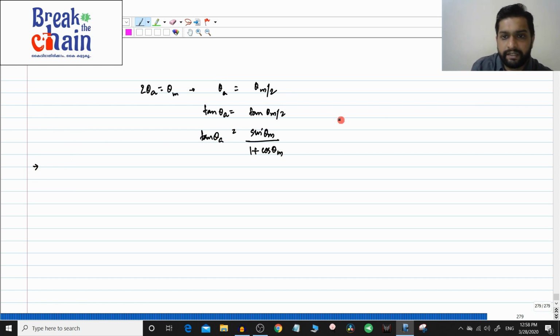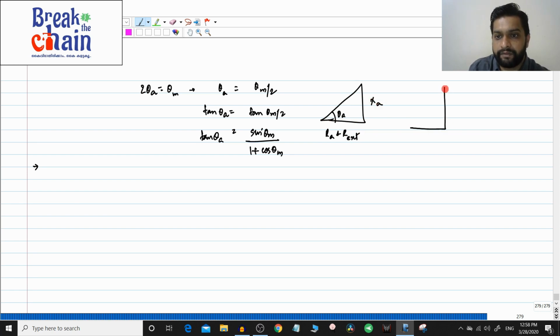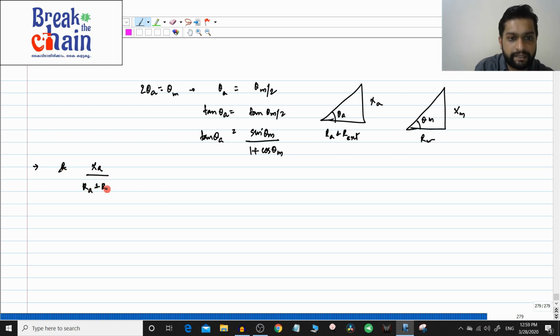See, this is the impedance triangle, right? So, this is theta A, and this resistance is RA plus R external, and this is XA, and theta M, this is theta M, this is RM, and this is XM, right? Tan theta A will be equal to opposite side by adjacent side, right? So, XA divided by RA plus R external will be equal to sin theta M, and sin theta M is opposite by hypotenuse.